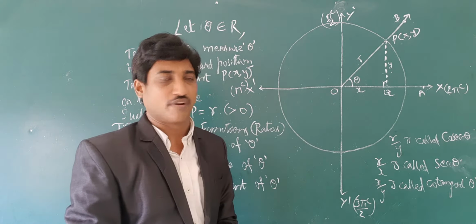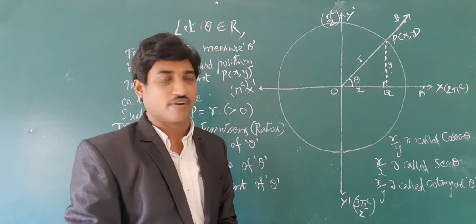When theta belongs to R and the angle theta is measured in radians, we define trigonometric functions as follows. Y by r is called sin theta. X by r is called cos theta.